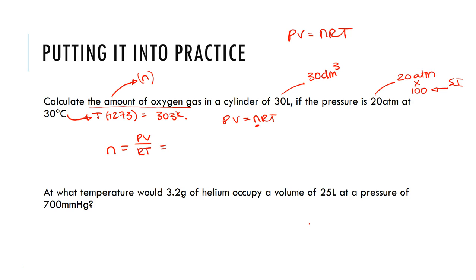So let's substitute in. So 20 multiplied by 100 is my P, multiplied by my volume, which is 30, all over RT, remembering R from our data book is 8.31 joules per Kelvin per mole.